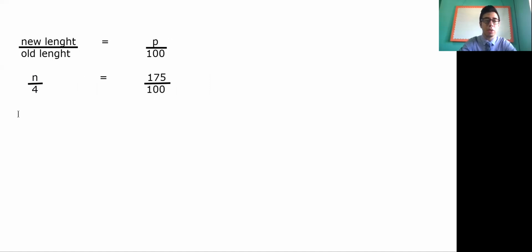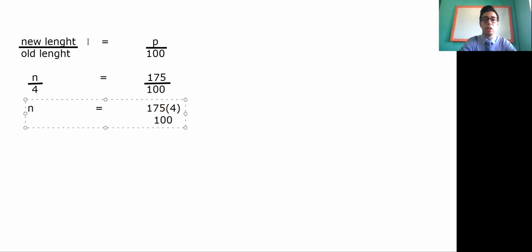So I'm going to say in here that n is going to be equal to 175 multiplied by 4, and this is divided by 100.